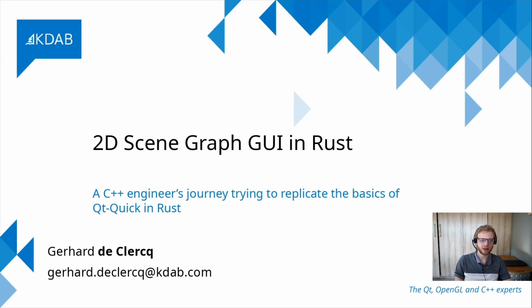So you'll see the subtitle is basically that this is a C++ engineer's journey on trying to replicate the basics of Qt in Rust. So yeah, basically it's just about how do we build a high-performance GPU-accelerated GUI stack in Rust. Although the Rust specifics are only really going to come in the second half of the talk. The first half is more just about GUI stacks in general.